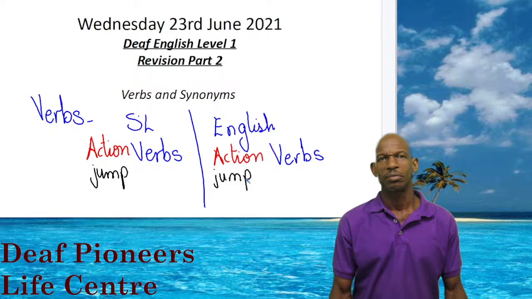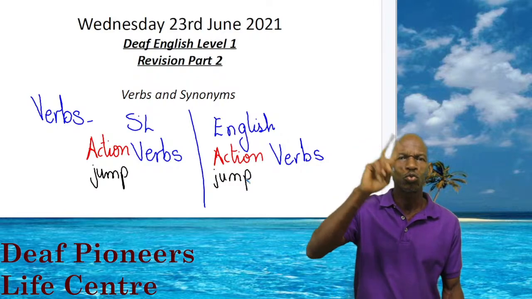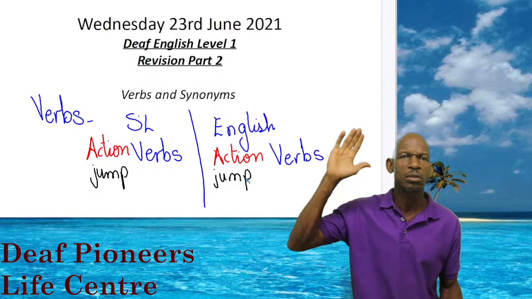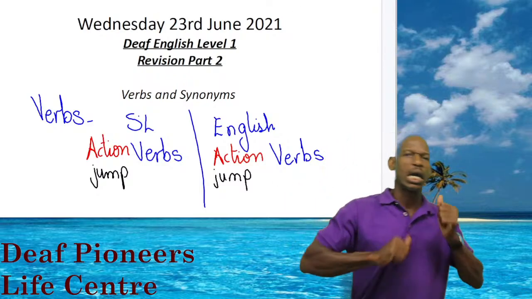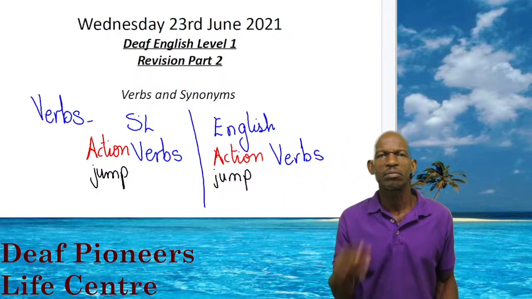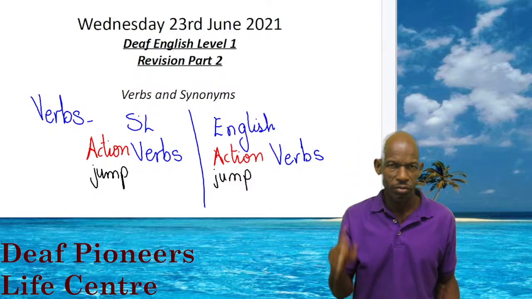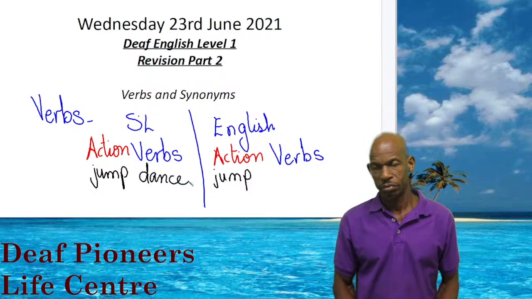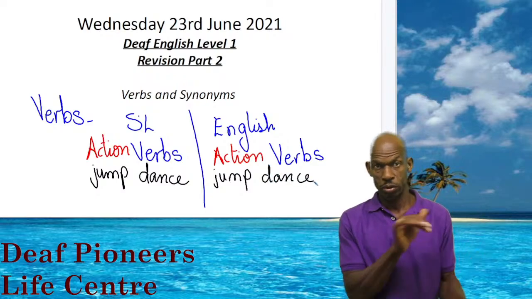Let me see how many people can give me an action word. I just want 2 or 3 more. Give me an action word, a verb. Yes, dance. Very good, Donna. You have dance in sign language, and you have dance in English. What other word?